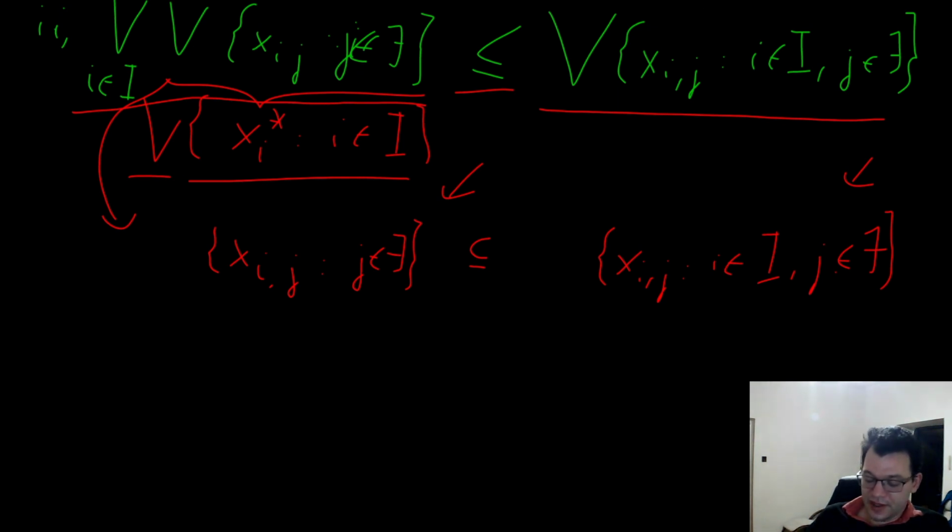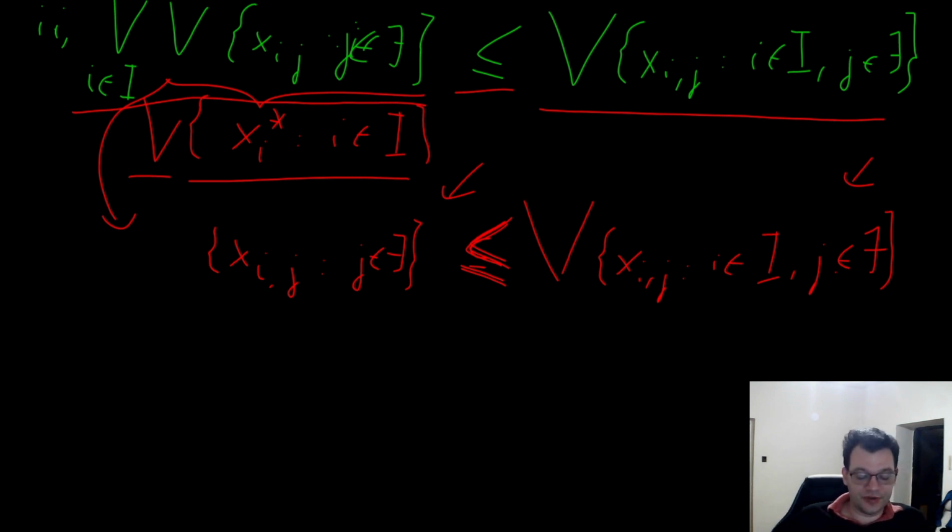So the supremum of this guy here is also an upper bound of the set on the right-hand side, which means that it's an upper bound for this set itself, so it's just becoming smaller than or equal to. So yeah, this set is smaller than or equal to the supremum of that guy. Since any upper bound of the right-hand side is an upper bound of the left-hand side, this means that their supremum is always still an upper bound of the left-hand side.